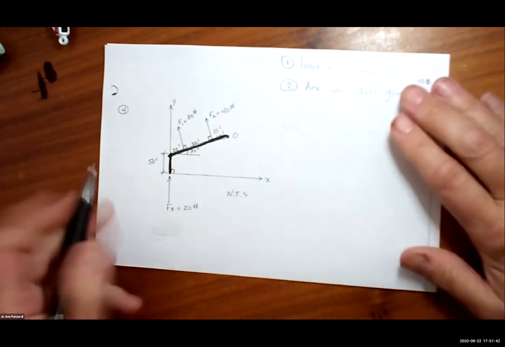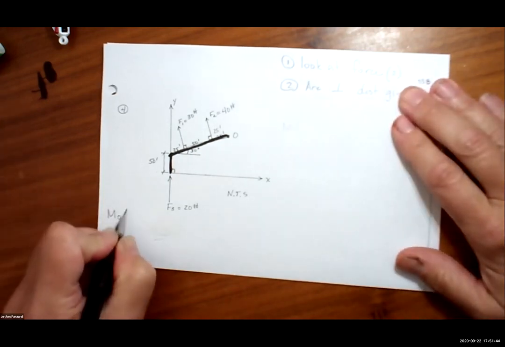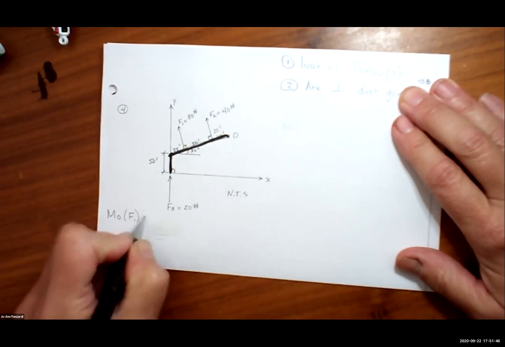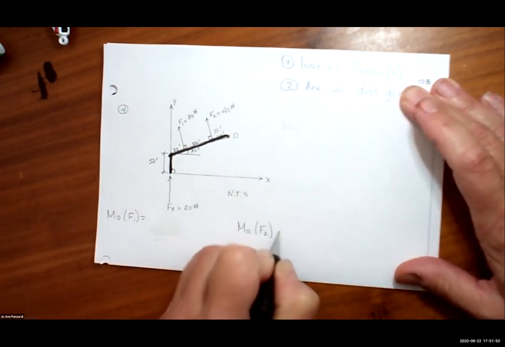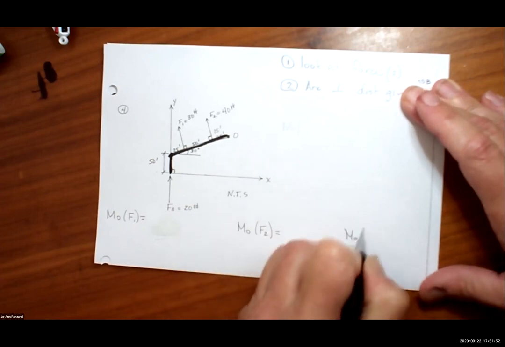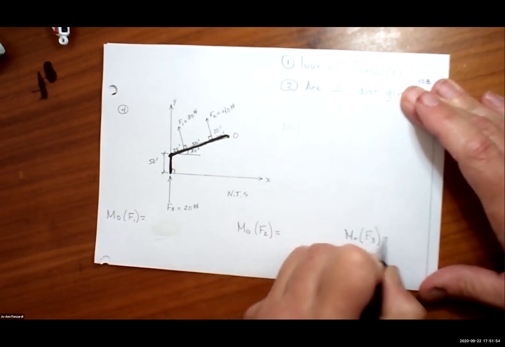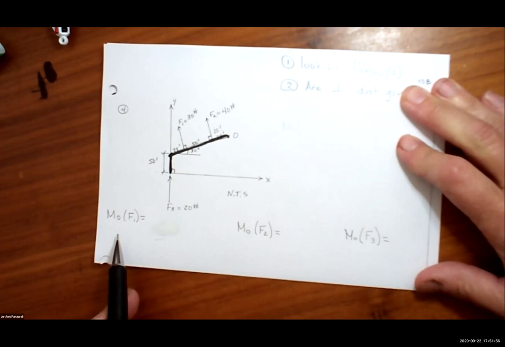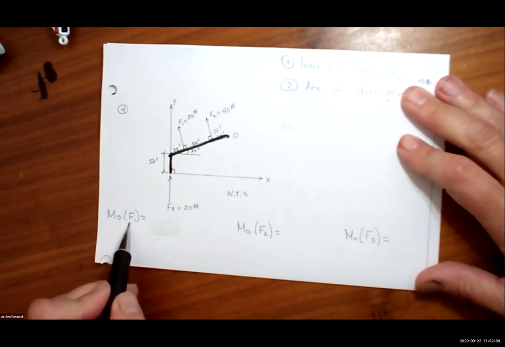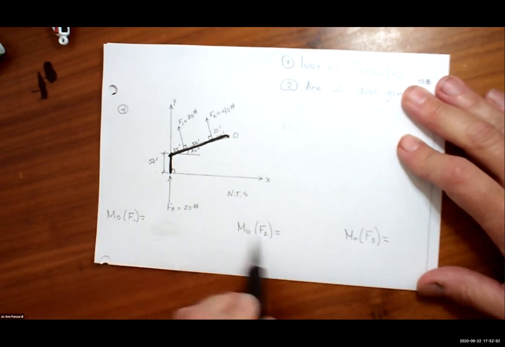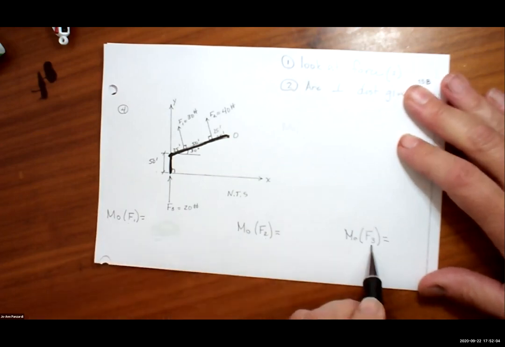I'm going to say the moment about O due to F1, the moment about O due to F2, and the moment about O due to F3. Does everybody see my notation?